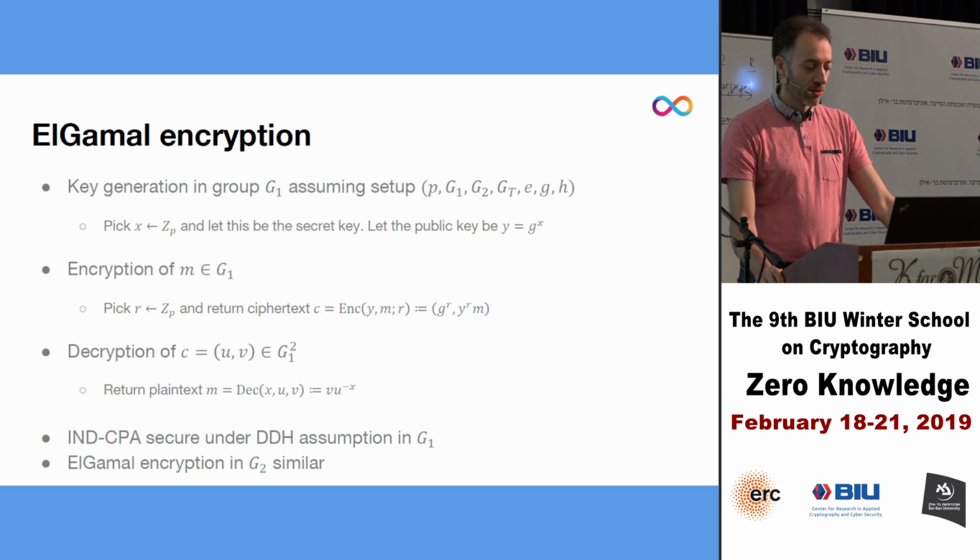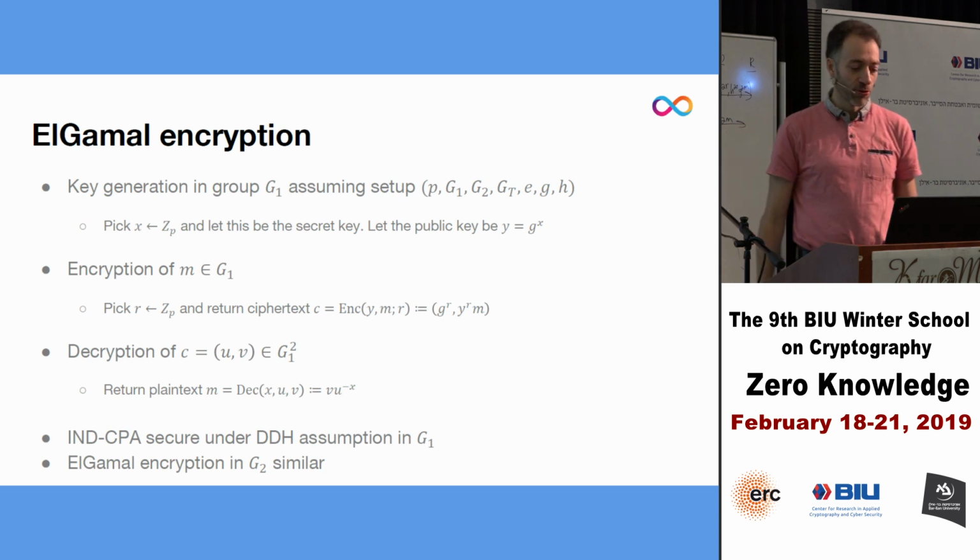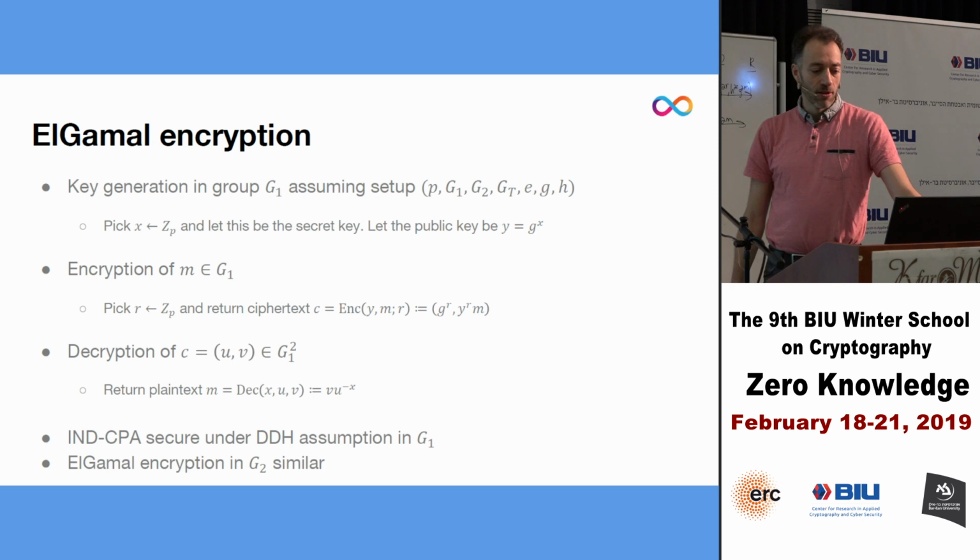And to encrypt a group element in the source group, we then pick a random r and encrypt the message m as g to the r and y to the r times m. And of course, you can decrypt that by computing on a ciphertext u and v, v times u to the minus x. And if you plug that into the encryption above, you see that you get exactly m back.